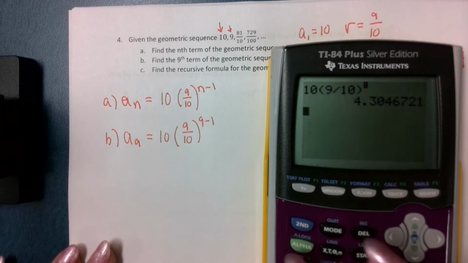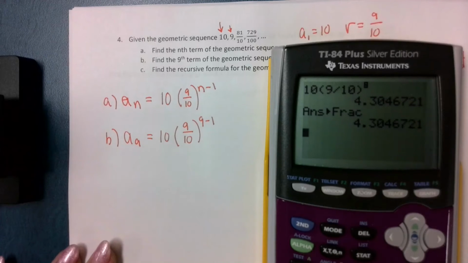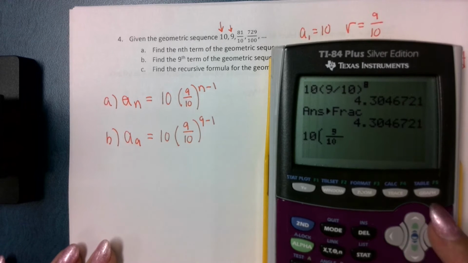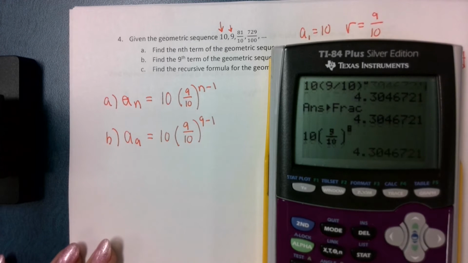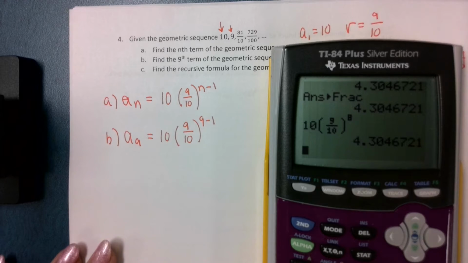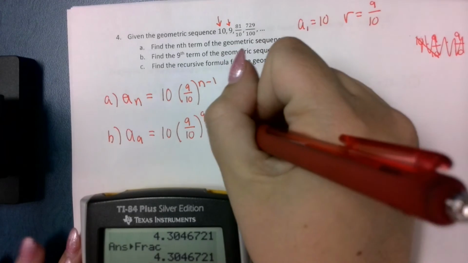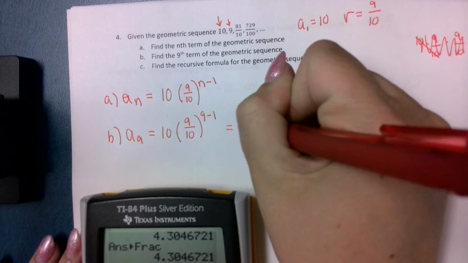As a fraction, it's not going to do that. To get a fraction, we probably have to start with a fraction. It won't write it as a fraction for us. So, 4.305.